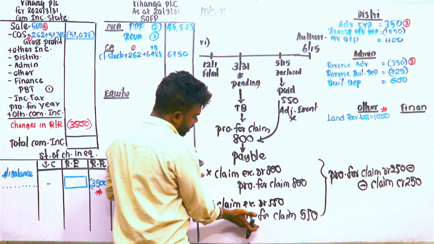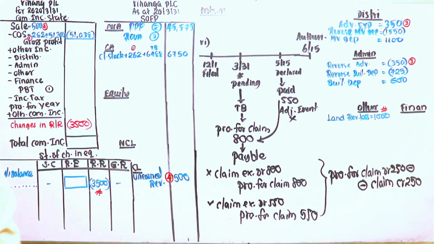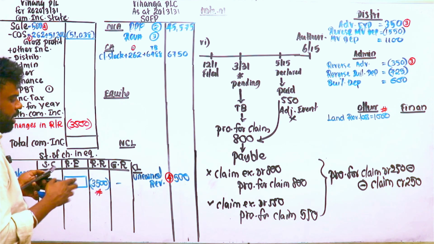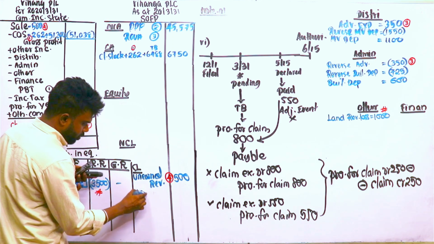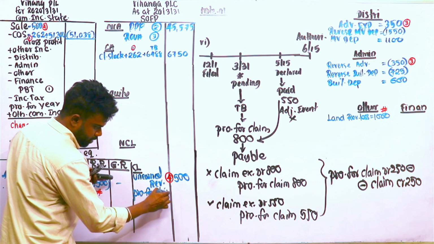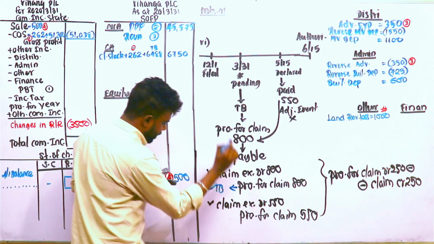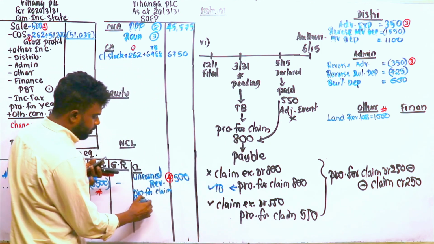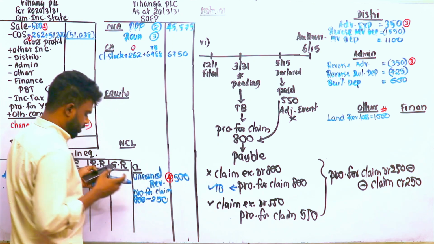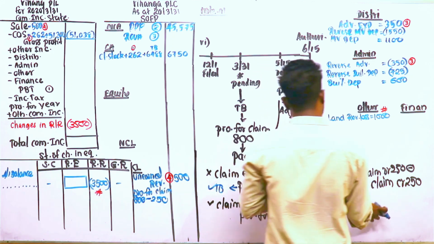But actually there is an over provision. Tick the TB balance, provision for claims 800. So provision debit 250, you can directly deduct it from other expenses.